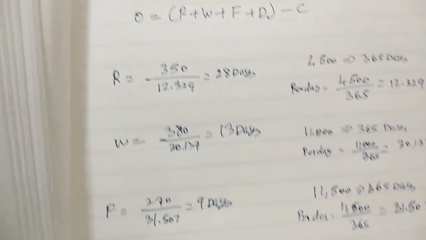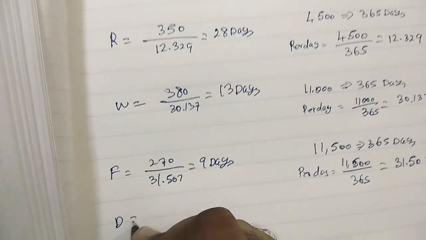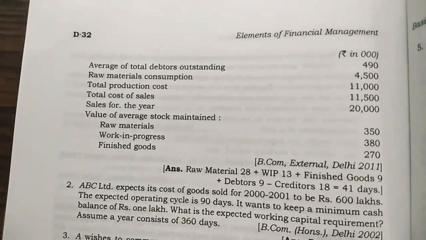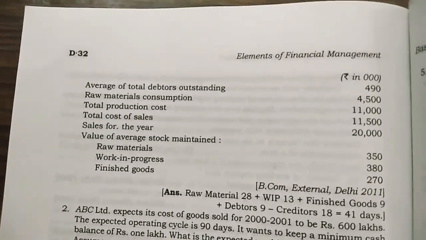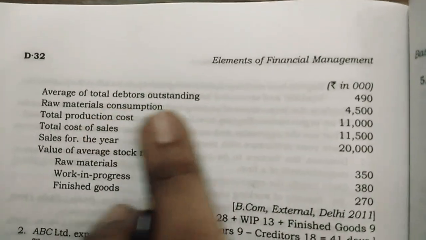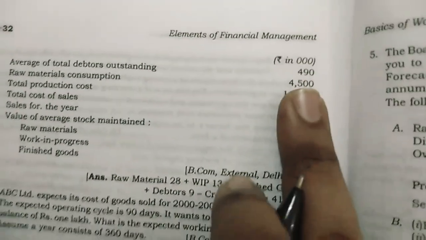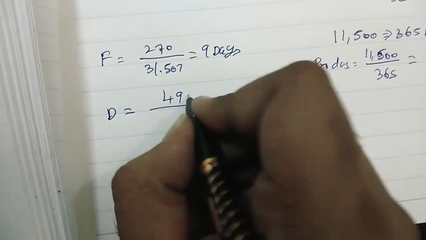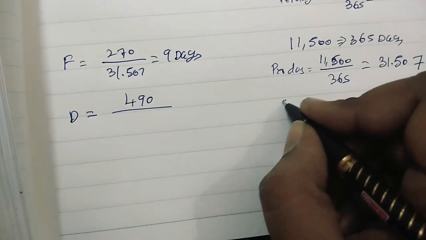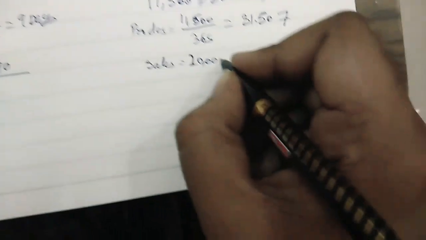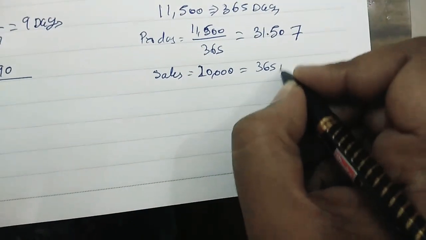So next, it is about debtors. For debtors, you have to use the sales of the year given, that is 20,000. The average of total debtors outstanding is given as 490. So take that, 490. And the sales, 20,000, is for 365 days.